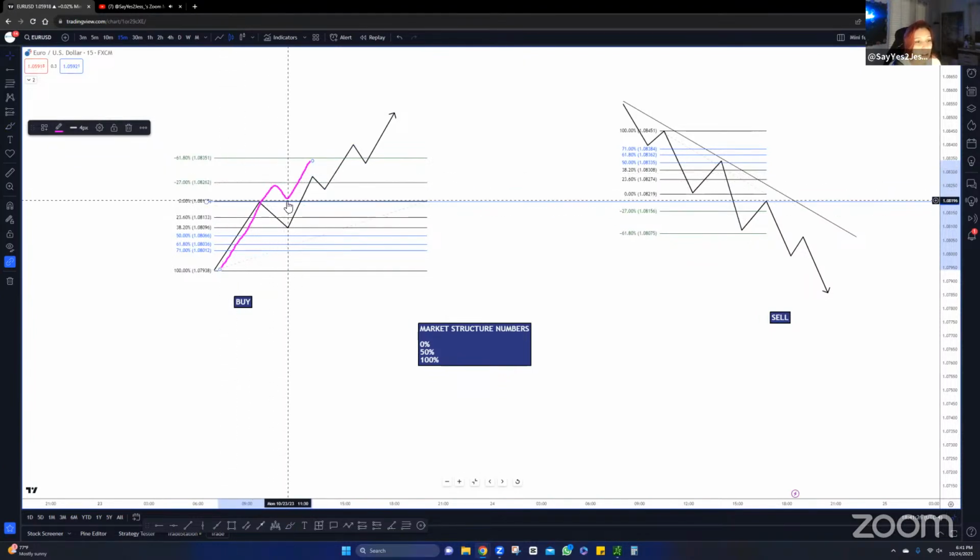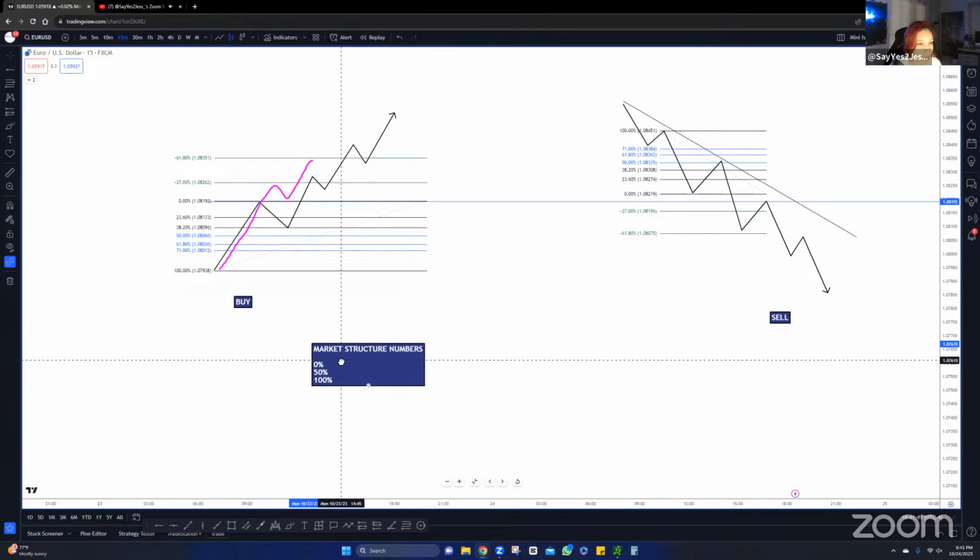Now, if it lands on top of the 0, we can most likely expect it to go back up to minus 61.8. This is, for me, my TP number 3. I don't usually trade to TP number 3 unless the market is just moving beautifully, but that's what I normally will have as my TP number 3. The reason why that happens is because if you remember, I said 0% is market structure.